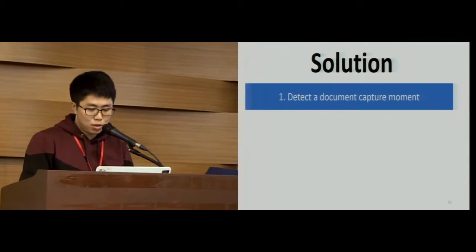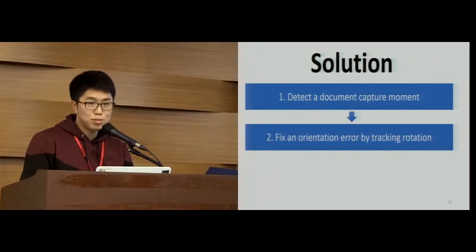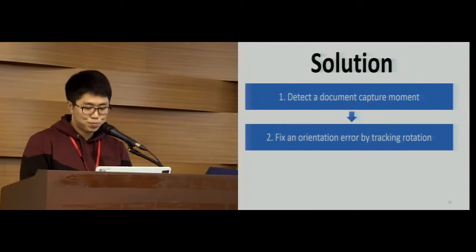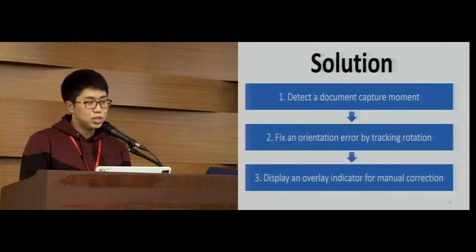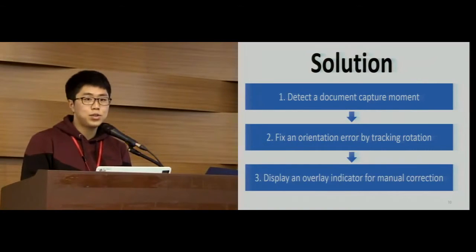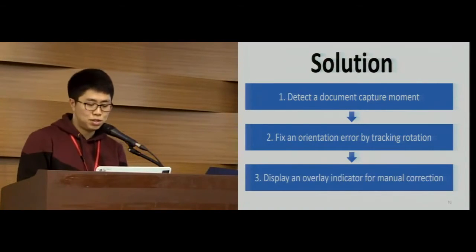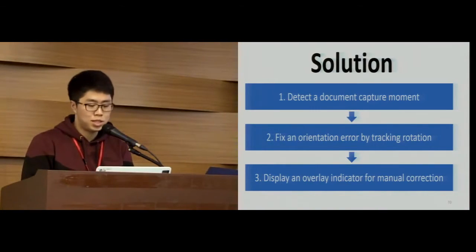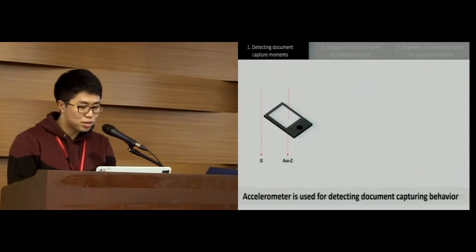Secondly, once the document capture moment is detected, ScanShot updates the erroneous orientation by tracking the rotation. In addition, ScanShot also displays an overlay indicator for manual correction in case of failure. I'll explain these steps one by one in detail in the following slides.